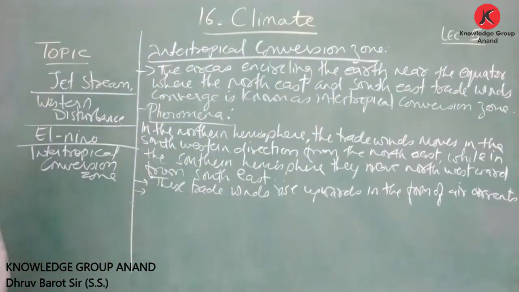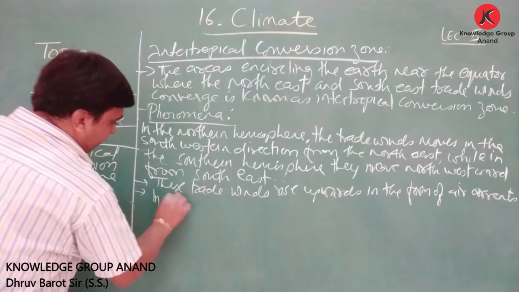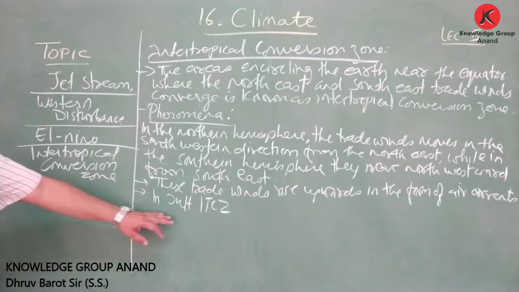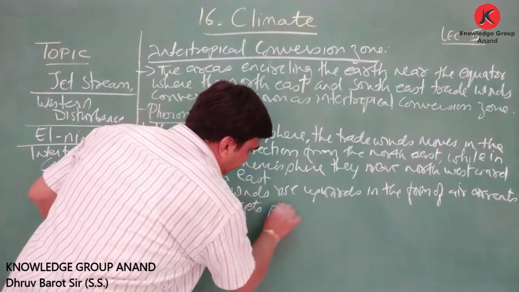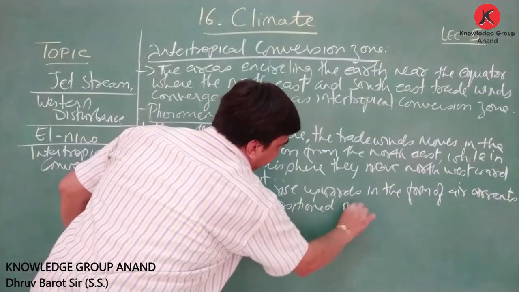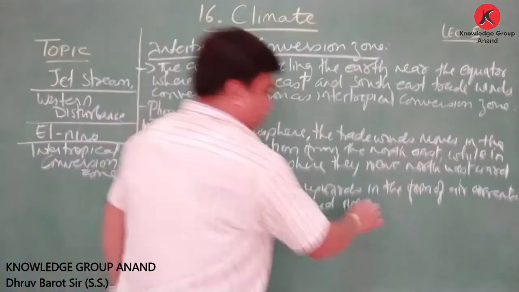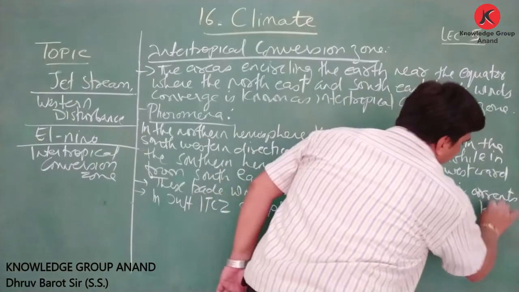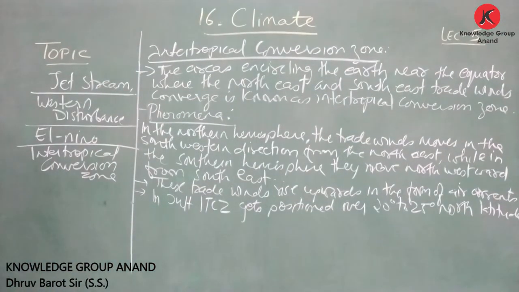In July, the ITCZ, that is the Intertropical Convergence Zone, gets positioned over 20 to 25 degrees north latitude.